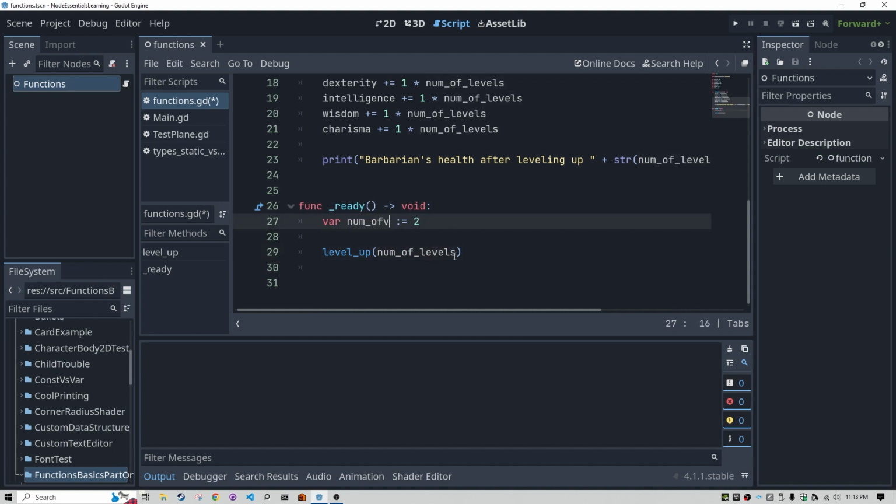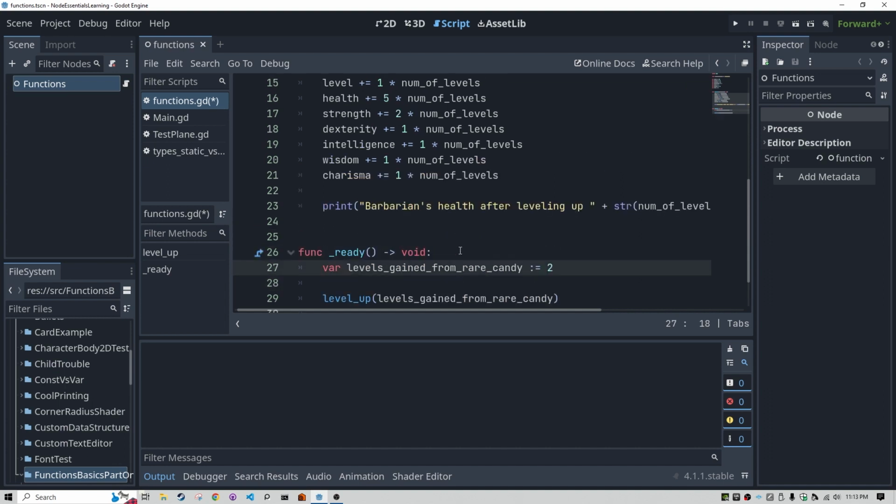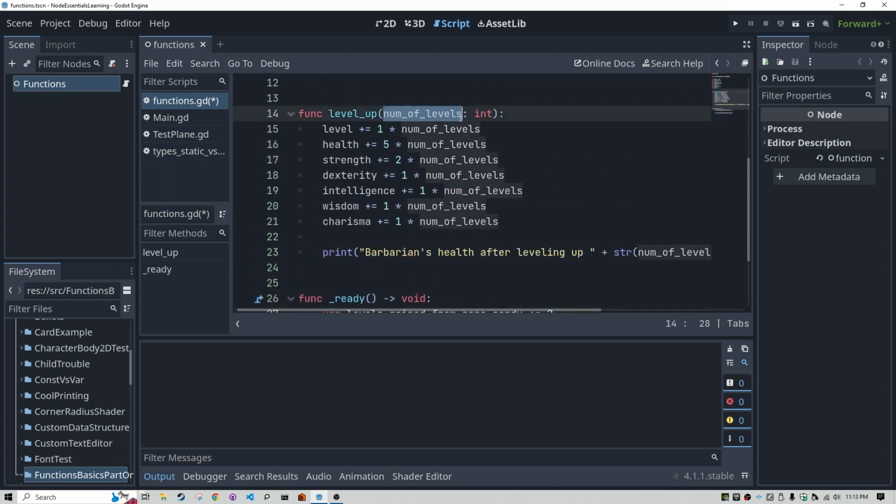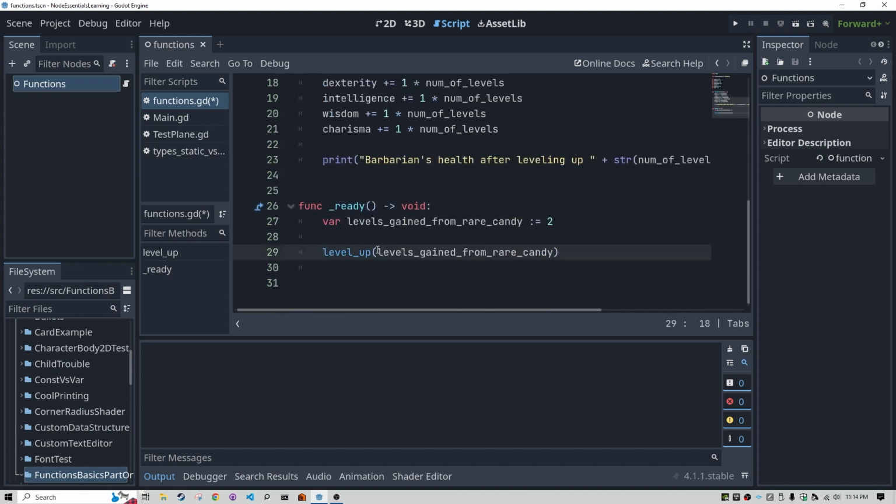In fact, I tend to prefer that they don't because I want to make the distinction. Yes, number of levels is the name of the parameter, right? So as far as the function is concerned, it thinks that the name is number of levels, right? But as far as the value that it's assigning to this, each of these number of levels is going to be replaced by a number. It doesn't really care that it's called levels gained from rare candy.